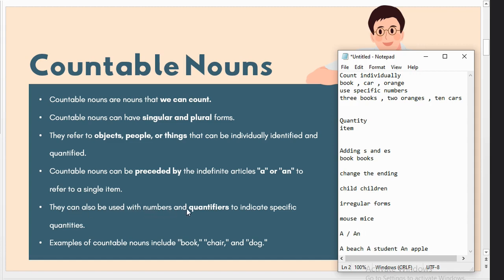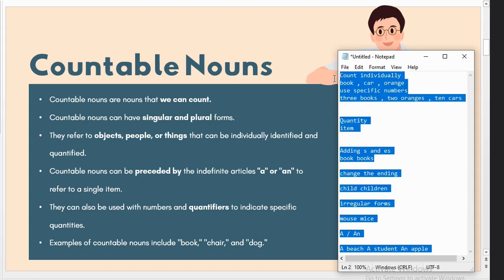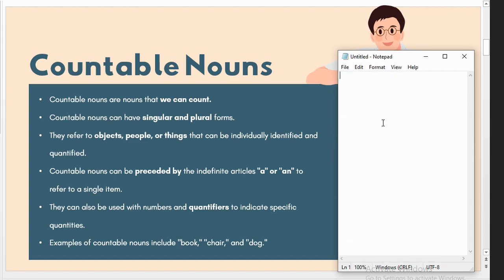They can also be used with the numbers and quantifiers to indicate specific quantities. Quantifiers. Do you know about quantifiers? What is quantifiers?